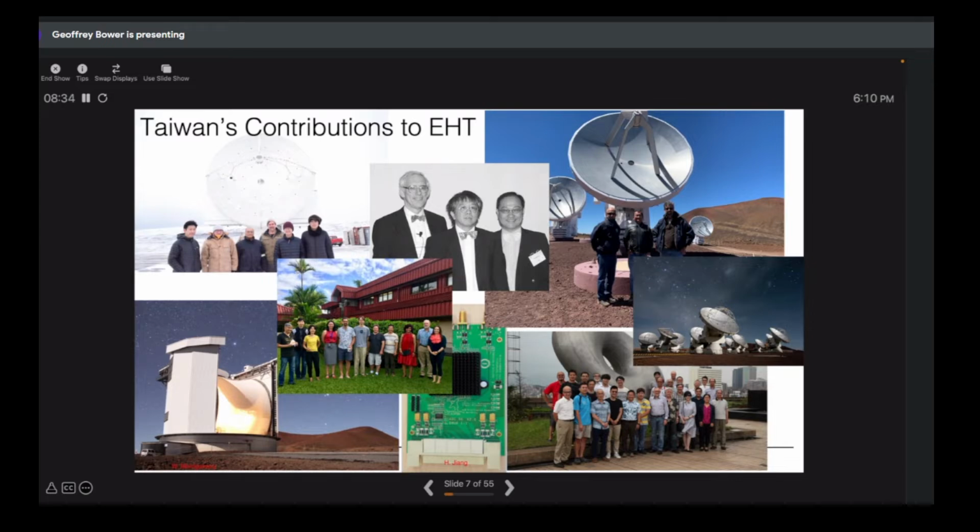So really, this is a huge effort that's been achieved as the result of many years of effort and investment in facilities and people.